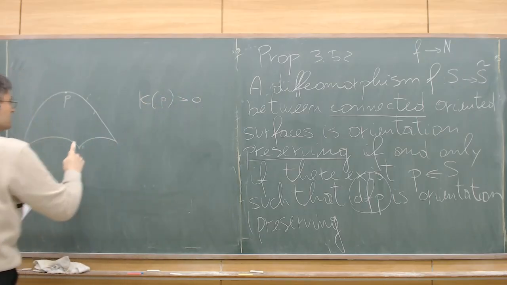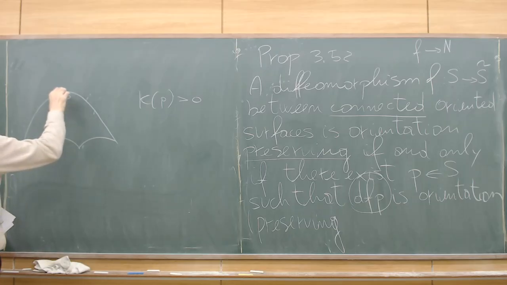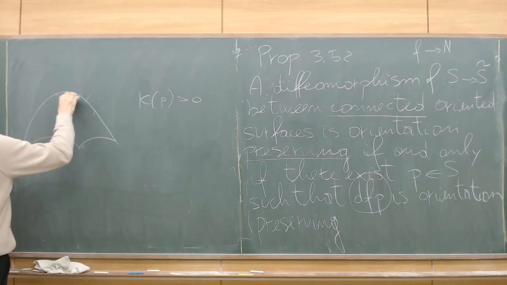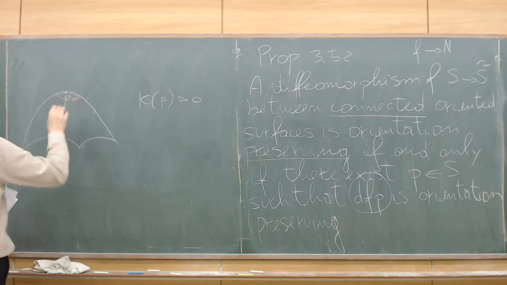It's something looking like this. Let's consider a small neighborhood of P. And let's take a small closed simple curve like this in this neighborhood.